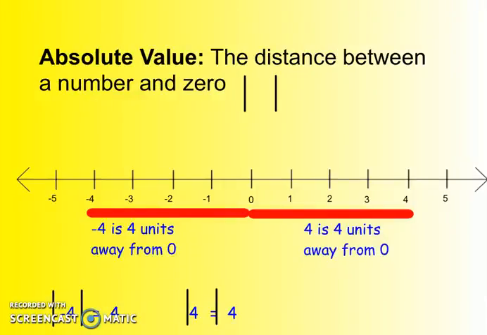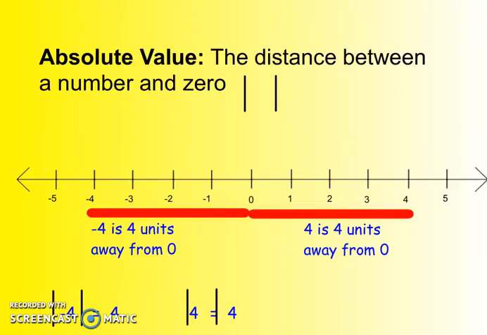Now let's talk about absolute value. In the beginning, I talked about how -2 and +2 are equal distance from 0. When we talk about distance from 0, that is called absolute value. And we use these straight parallel lines to show absolute value.